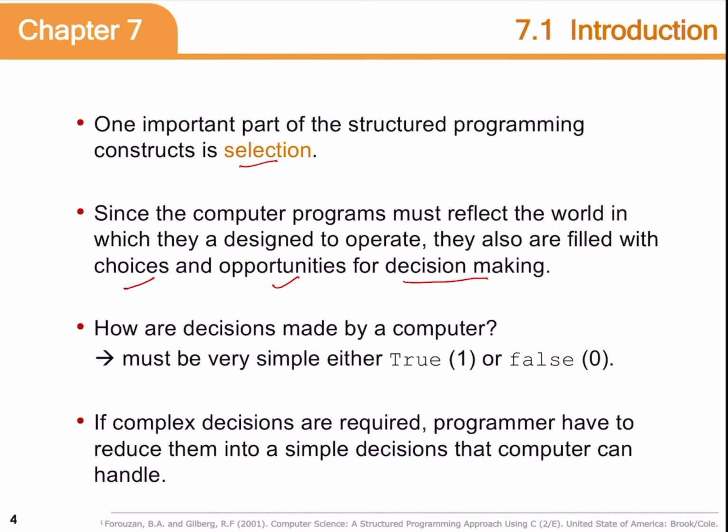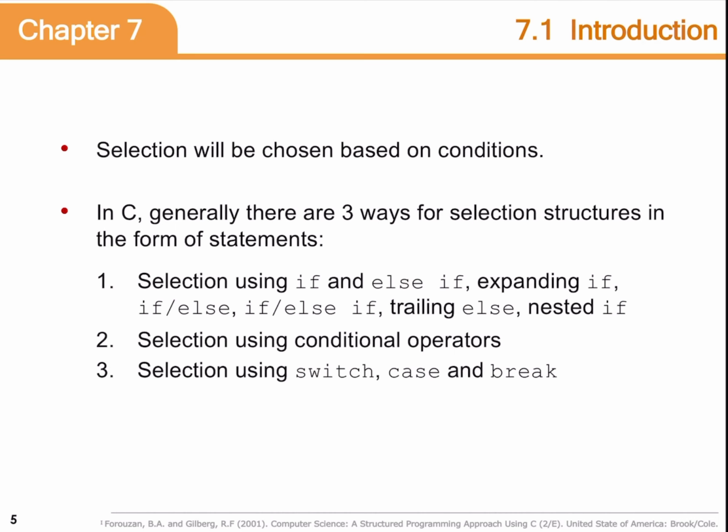As we know, it must be very simple, either true, represented by 1, or false, represented by 0. Now, if complex decisions are required, programmers have to reduce them into a simple decision that the computer can handle.